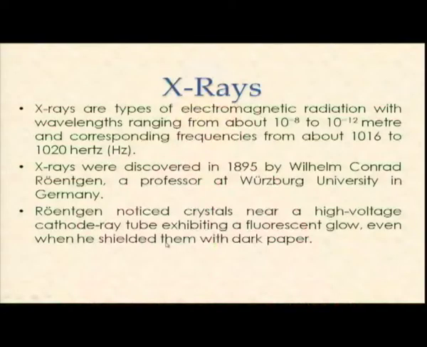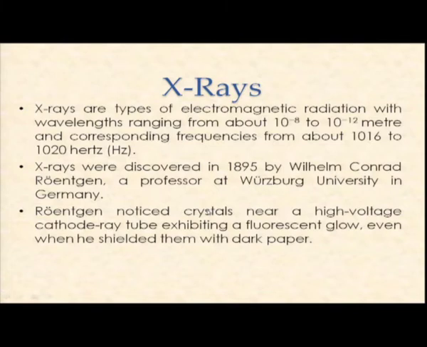These X-rays were discovered in the year 1895 by Wilhelm Conrad Röntgen, a professor at Wurzburg University in Germany. Röntgen noticed crystals near a high voltage cathode ray tube exhibiting a fluorescent glow even when he shielded them with dark paper. Amazing phenomena observed by Röntgen.